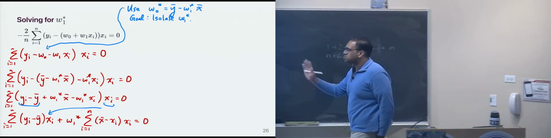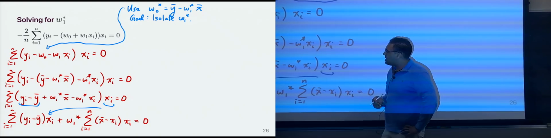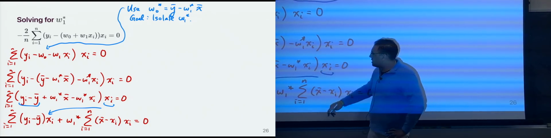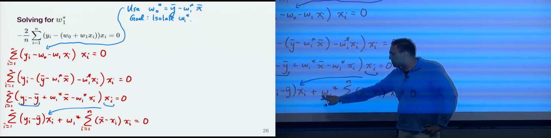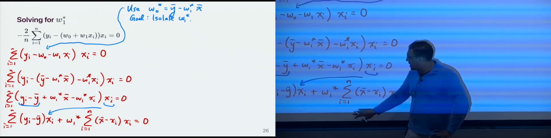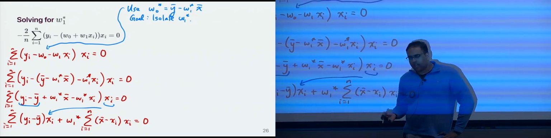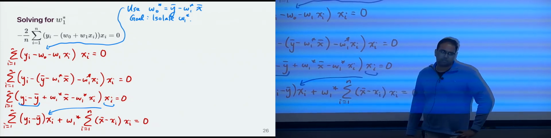Notice I can't drop the xi here. You've got to be careful to keep that around. All I've done is broken this sum into two separate sums, where in one I could pull out w1 star, and in the other I couldn't. And why did I do this? Well, now I'm pretty close to having my answer. All I have to do is rearrange for w1 star, and I'm done.